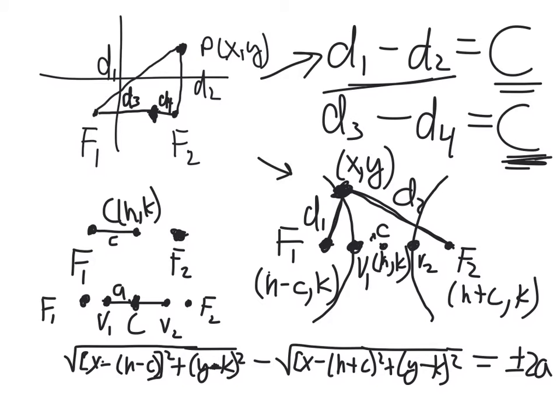A again would be from, like I've shown, the center to a vertex. So plus or minus 2a depends on which distance we're starting with and which one we're subtracting.